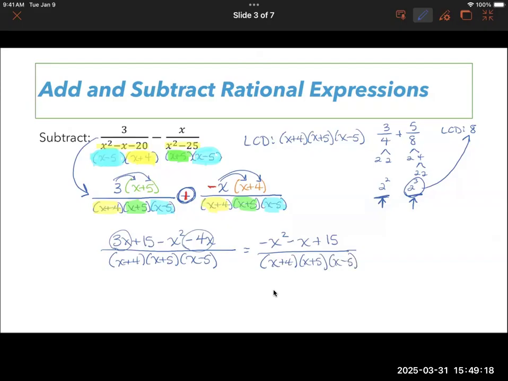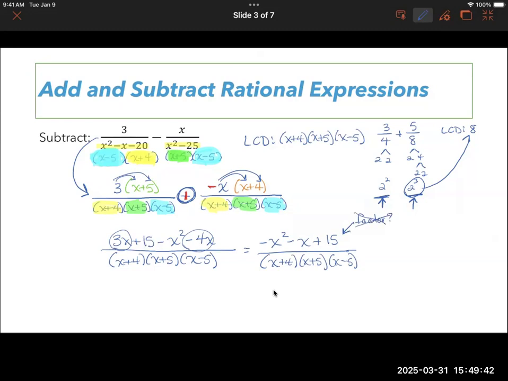Lastly, I would recommend that you check just to see, does this numerator look like something that can be factored? Because if it can, there may be a common factor that we need to cancel out. In this case, it cannot be. So if we're looking at whether this can be factored or not, we're saying no in this case.